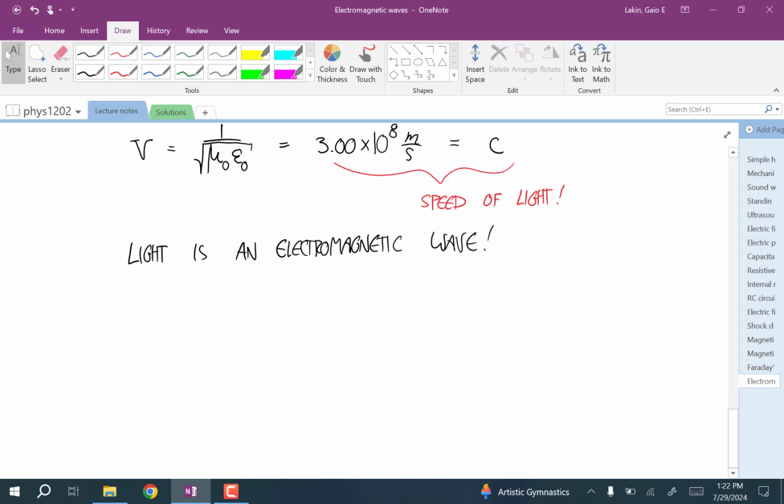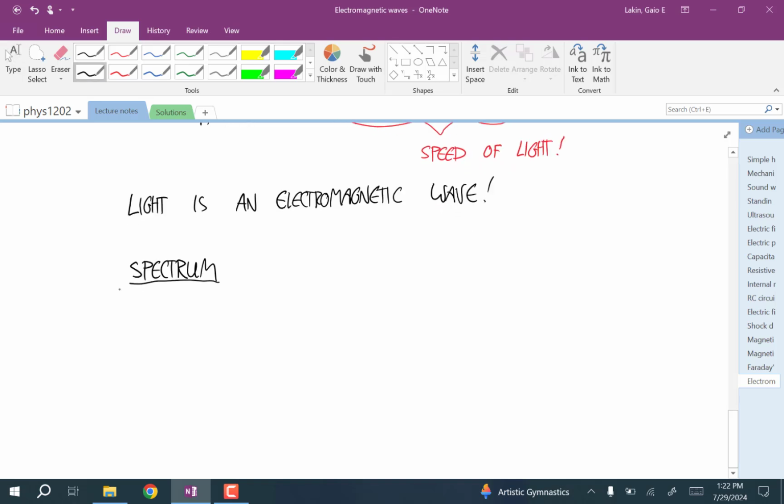And so different electromagnetic waves are categorized by their wavelengths. And so I'm just going to give you a little summary of information about the wavelengths of different types of electromagnetic waves. So these are all going to be classified by their wavelength. On the order of about 1 kilometer wavelength are AM radio signals.